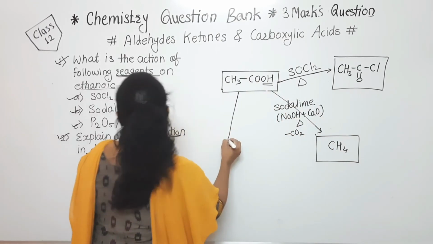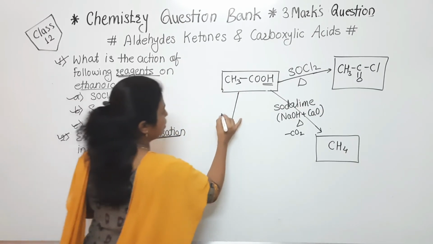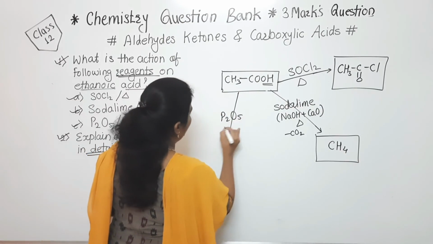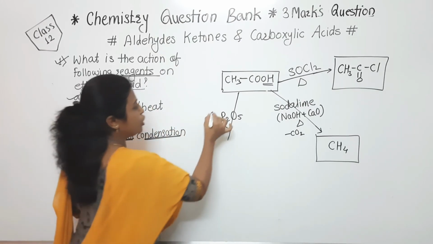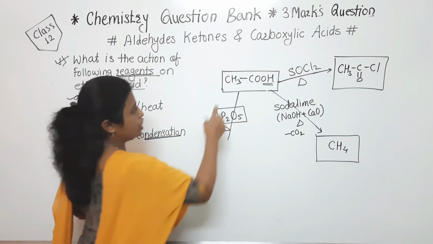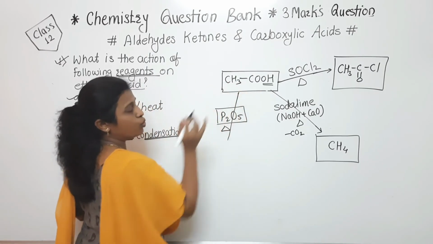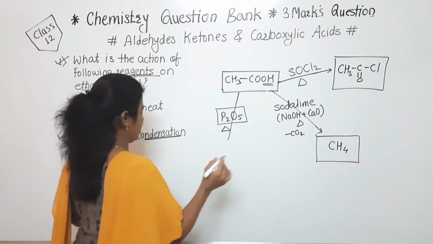And the last reaction, here we have to treat ethanoic acid with P2O5 and heat it. P2O5 is a dehydrating agent. So when we are treating it with this, we have to use 2 moles of ethanoic acid. See what the reaction will be.